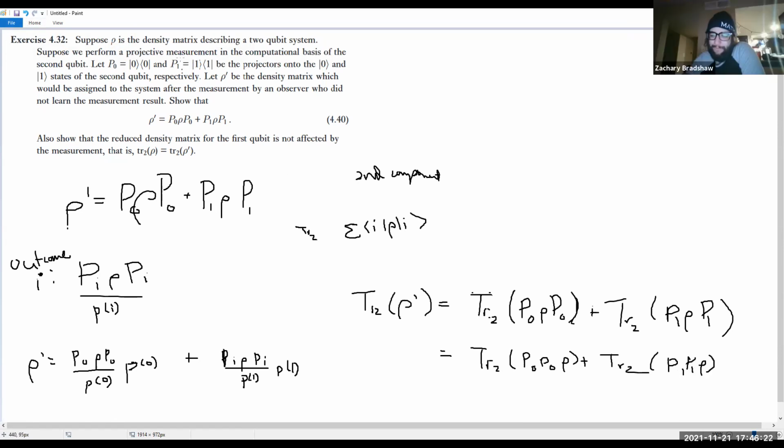Okay, but what do we know about these? These multiplied together are just themselves, so then you would just get... Yes, whenever you have a projection operator, it squares itself. Right. Why did I do that? I mean, it's the same thing.